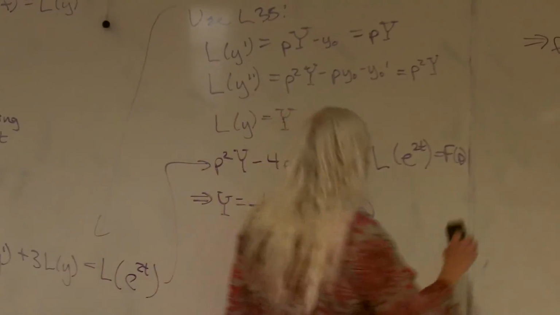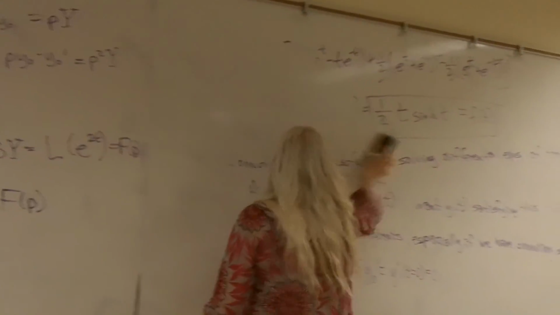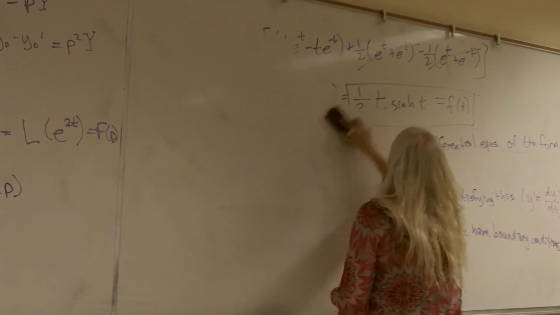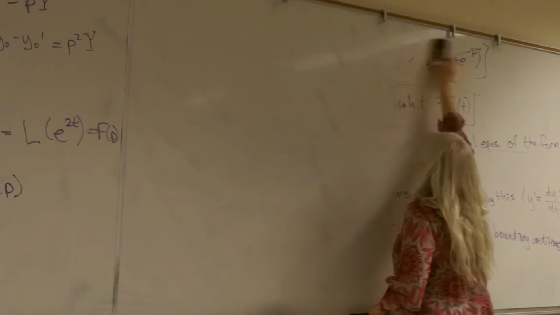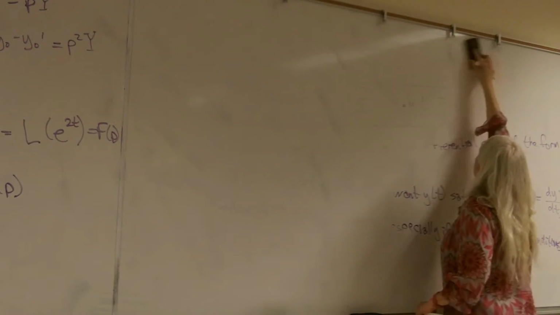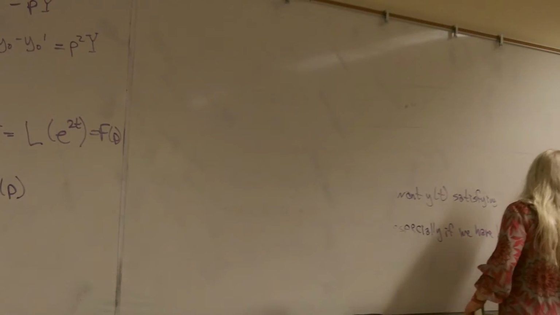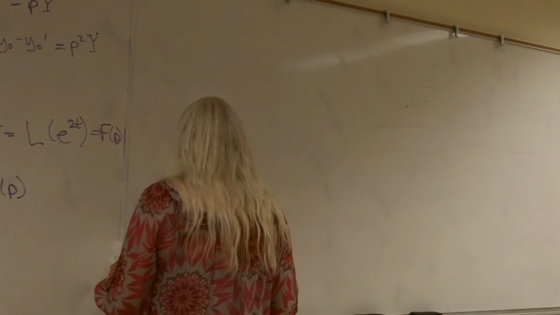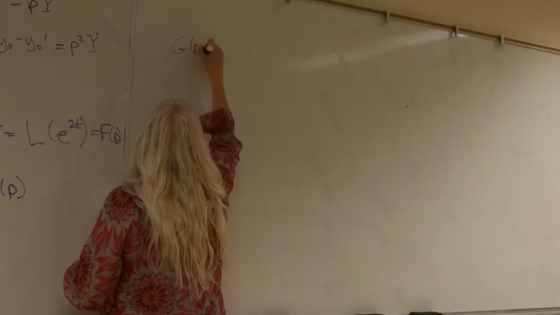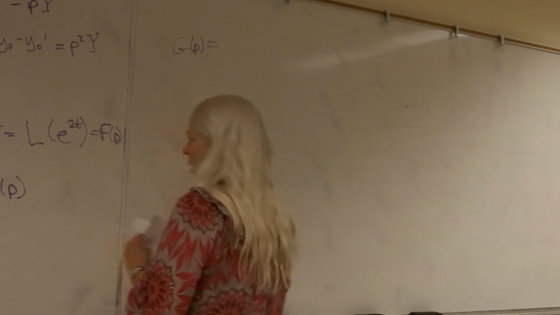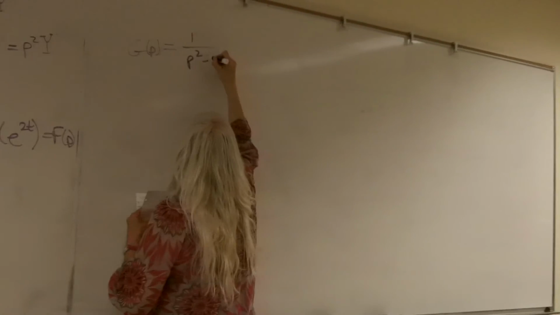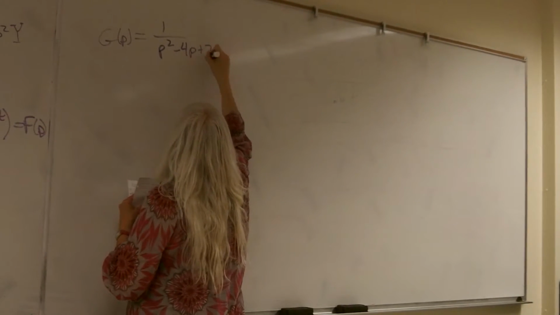So in our case, our capital G of p was 1 over p squared minus 4p plus 3.